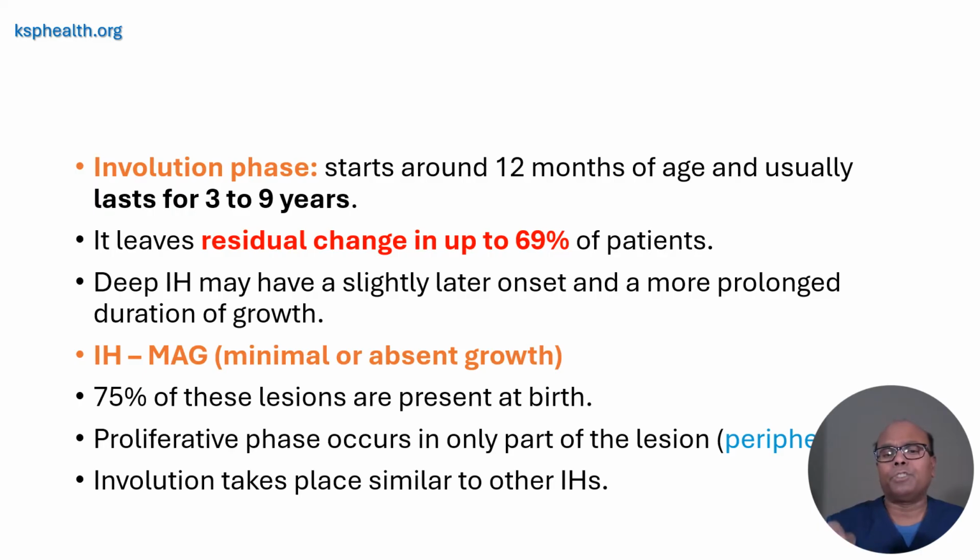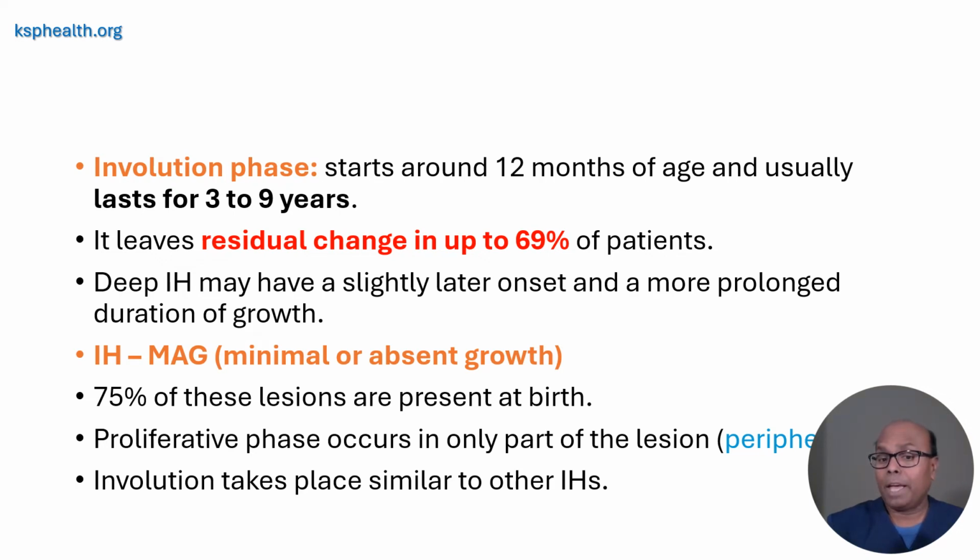The involution phase starts around 12 months of age and usually lasts for 3 to 9 years. The most important thing in hemangioma is it leaves a residual change in about 70% of the patients.